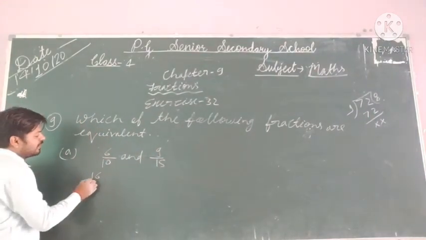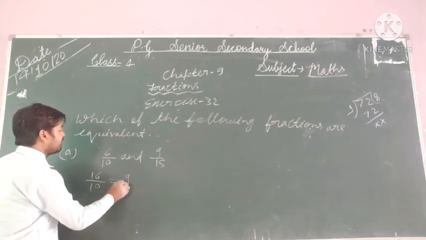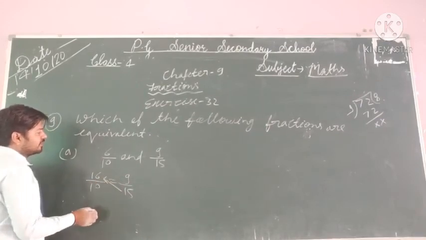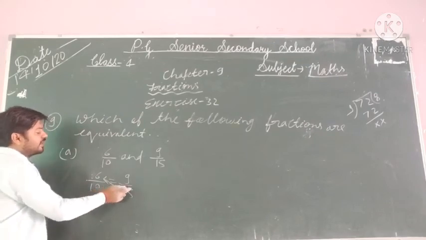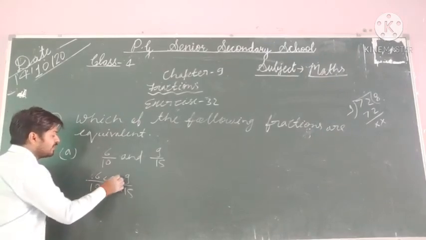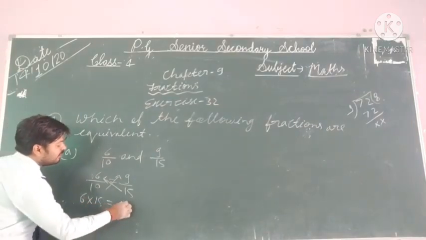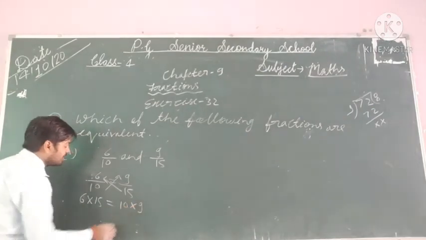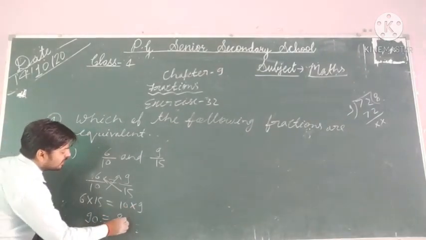So firstly you have to write like this: 6/10 equals to 9/15, and you will do here cross multiplication. So 6 will be multiplied by 15 and 10 will be multiplied by 9. So what do you get? 15 6 are 90 and 10 9 are 90.